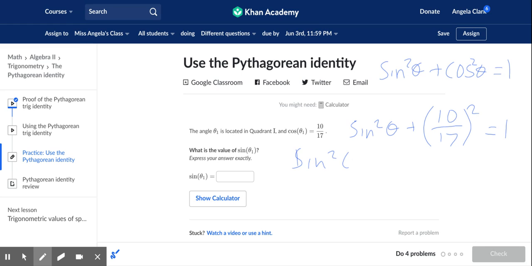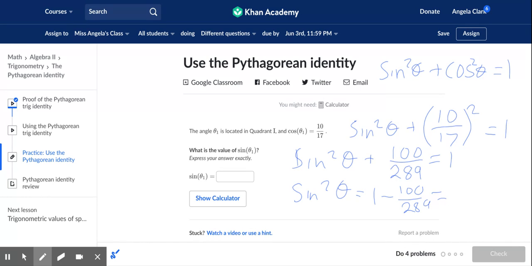Sine squared theta plus 100 over, what's 17 squared? Not something I use every day. 289 equals 1. Sine squared theta equals 1 minus 100 over 289.